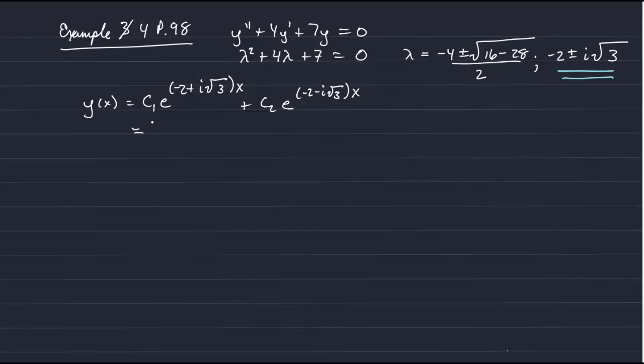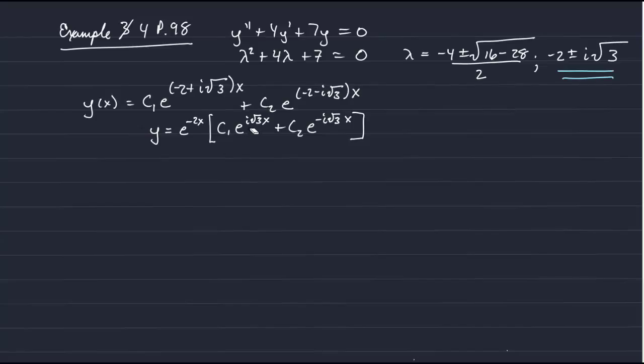And we can collect terms, write this out slightly more simply as y is equal to e to the minus 2x times C1 e to the i square root of 3x plus C2 e to the minus i square root of 3x. And so, right, that's one way to write our general solution.